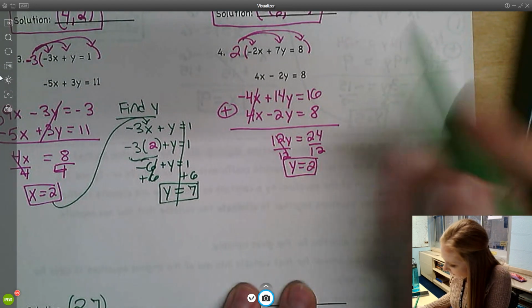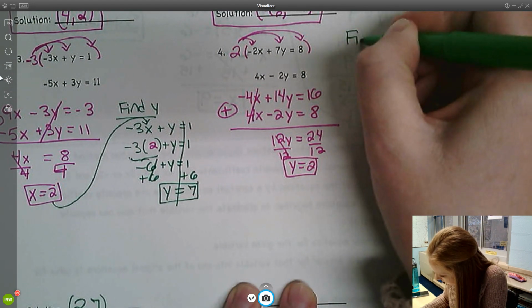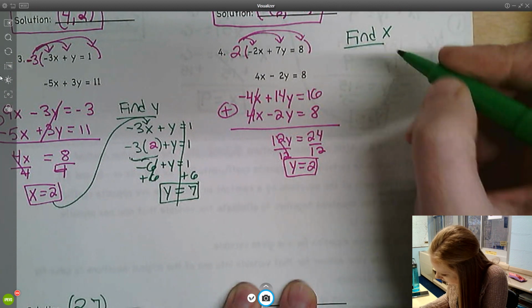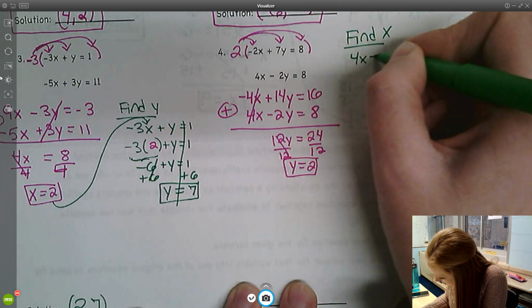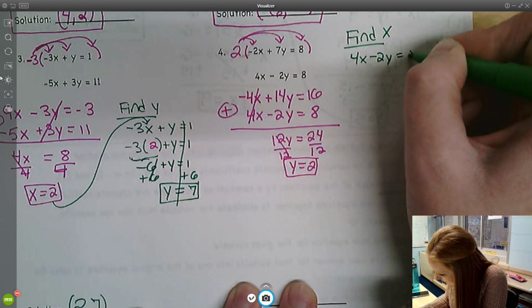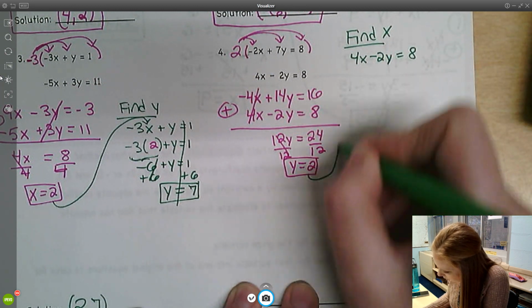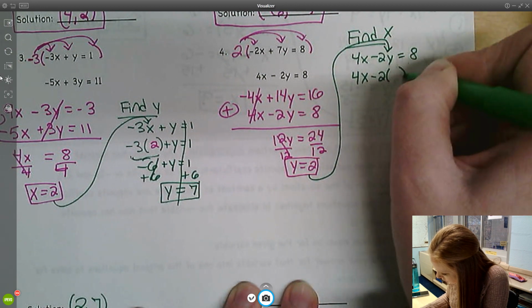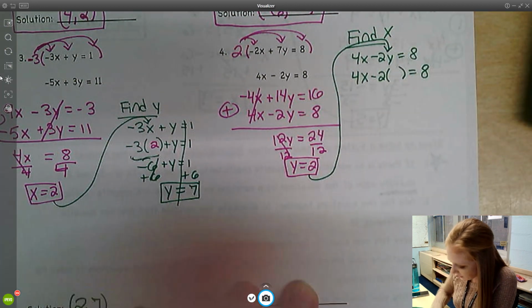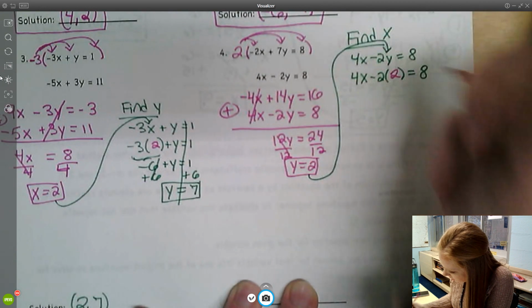Now let's take that y is 2 and use it to help us find x. Let's rewrite one of our equations. I'm going to pick the second one. That 7 is intimidating to me. Y equals 2. Let's plug that in. 4x minus 2 times y equals 8. So instead of y, we can put 2.